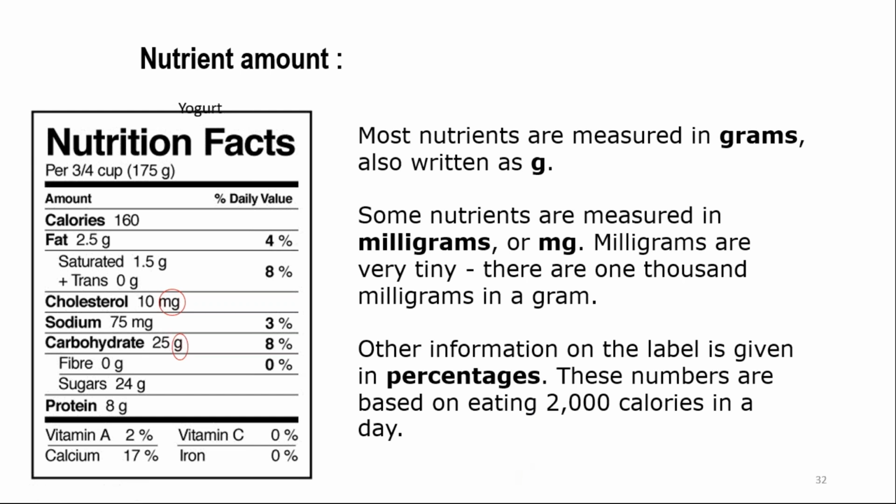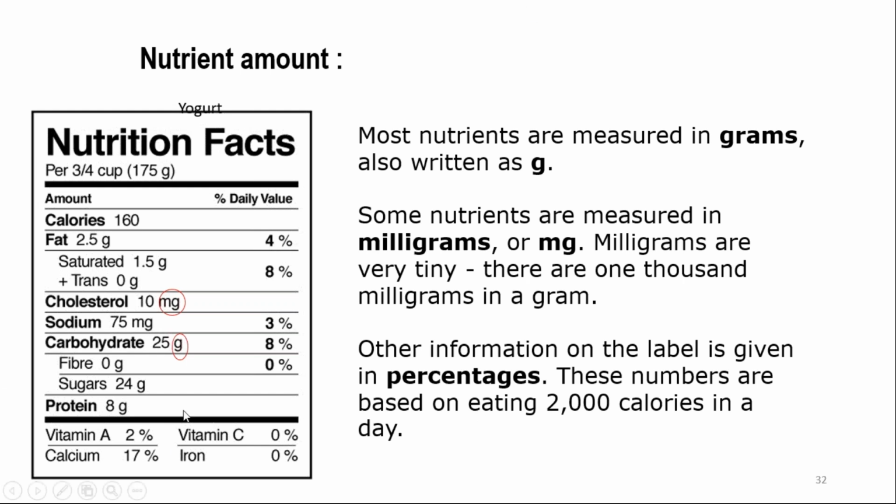So how do you do the calculation of the percent daily value? You need to go back and look at the tables of what is the amount of fat or protein recommended for the individual.